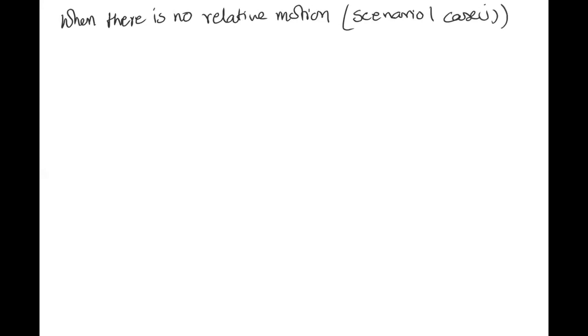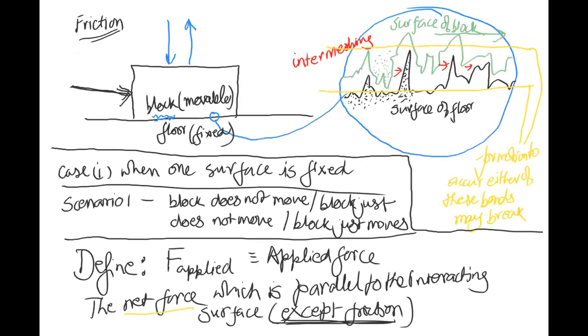When there is no relative motion between the surfaces, okay, what I mean is this. The block does not move, or the block just does not move, or the block just moves.